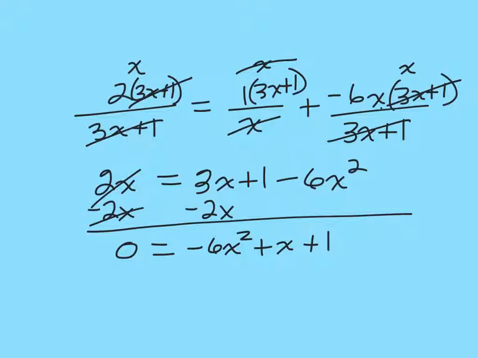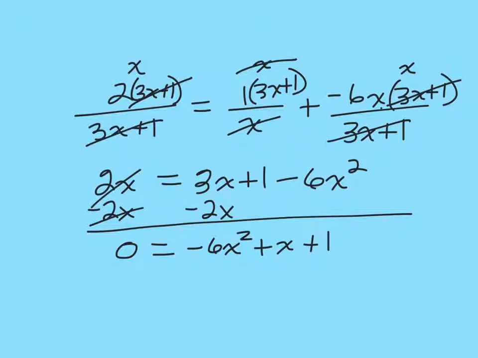Okay, Caitlin and Aiden, what's your preference? Do you want to use the quadratic formula or do you want to try to factor this? Quadratic formula. Okay, we'll use the quadratic formula then. That means we got to know the quadratic formula. Yeah.